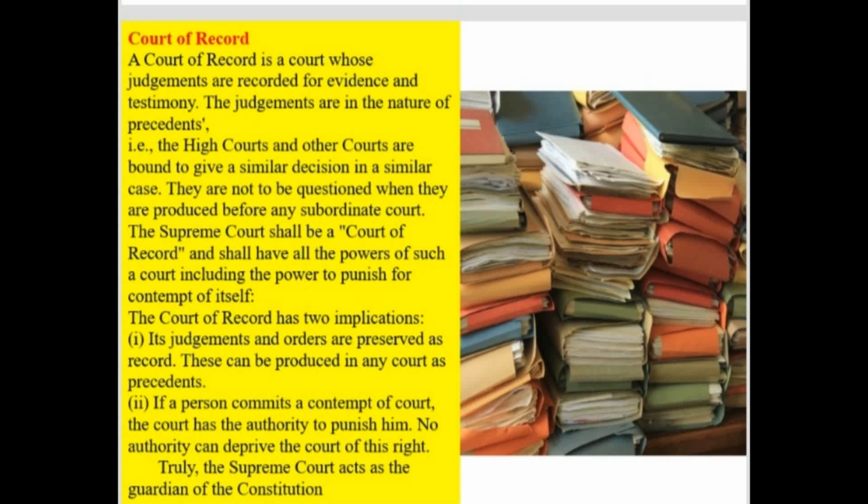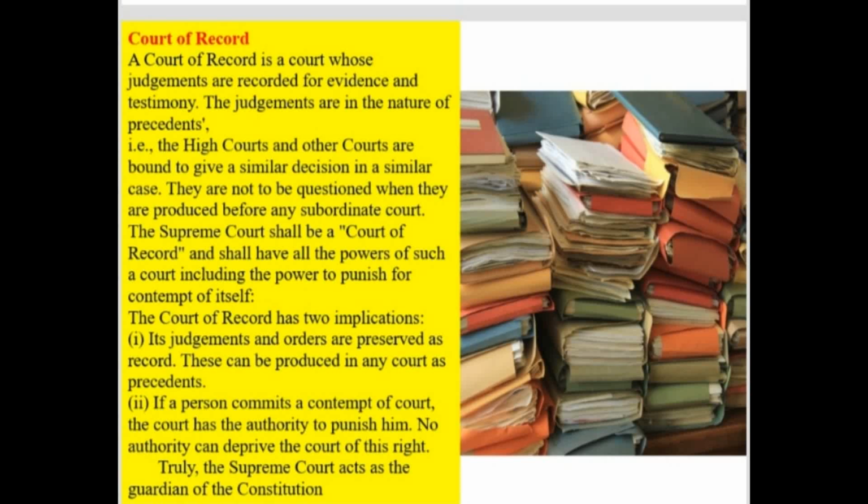Even if the lower courts do not refer to its judgments in a similar case, and if they violate such citations of the Supreme Court, it amounts to contempt of the Supreme Court, and it can even punish the judges who have not followed it.